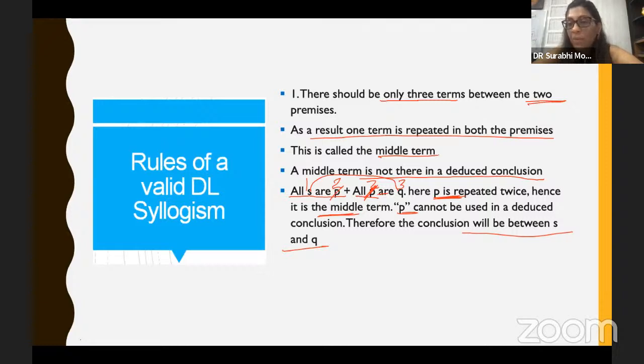Now, the middle term is the most important thing that you will do or work with in your syllogism shortcuts. It is the most important thing that we are going to use in syllogism shortcuts. Once you have written it down, let me know and say that you have noted it.